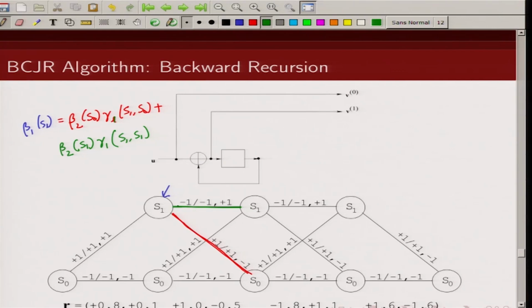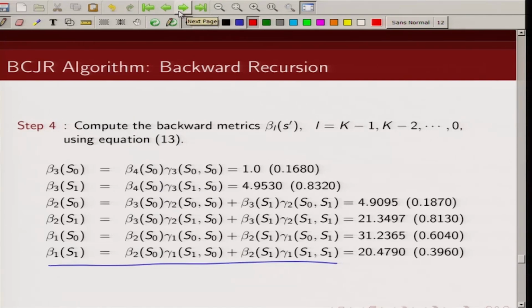The one in green corresponds to this transition, and the one in red is due to this transition. So, beta 1 S1 can be written as beta 2 S0 gamma 1 S1 S0 plus beta 2 S1 gamma 1 S1 S1.